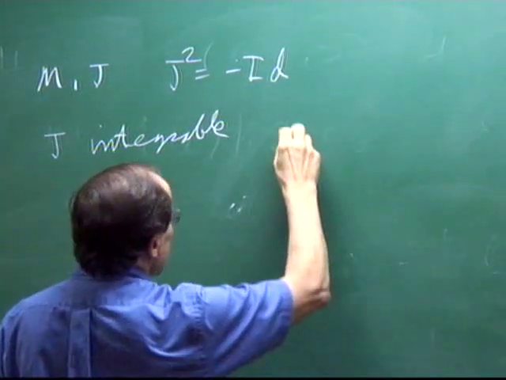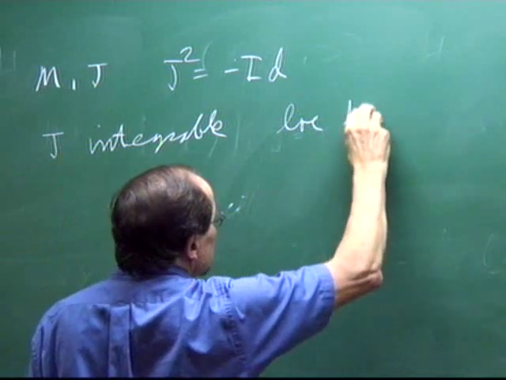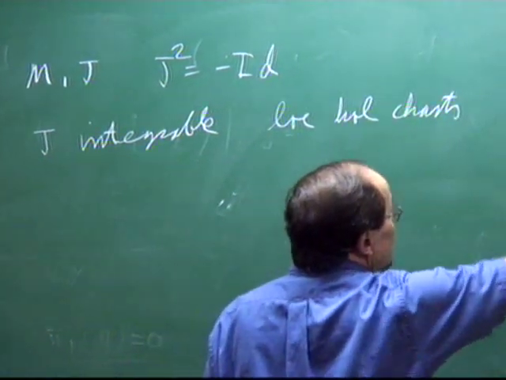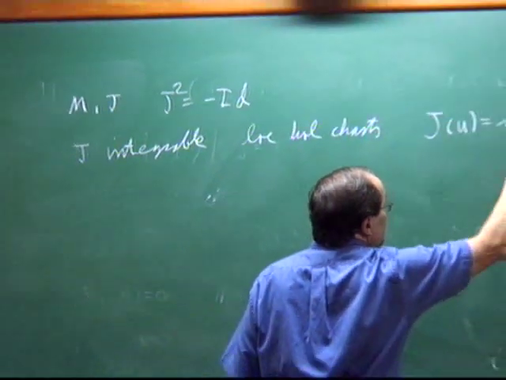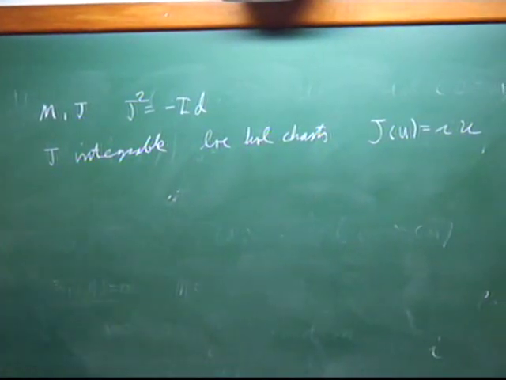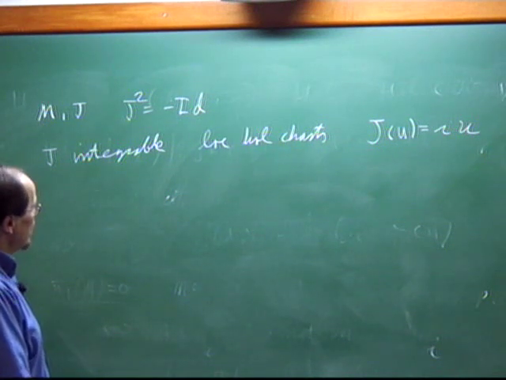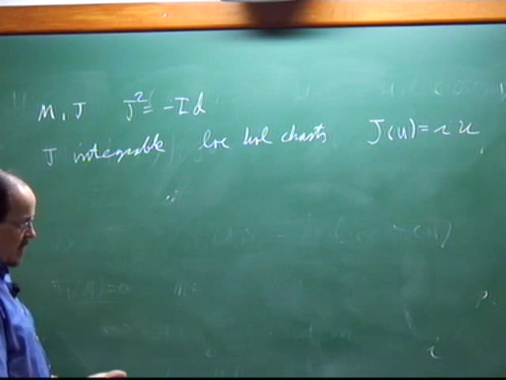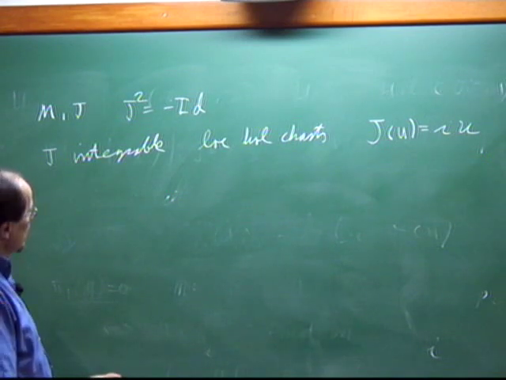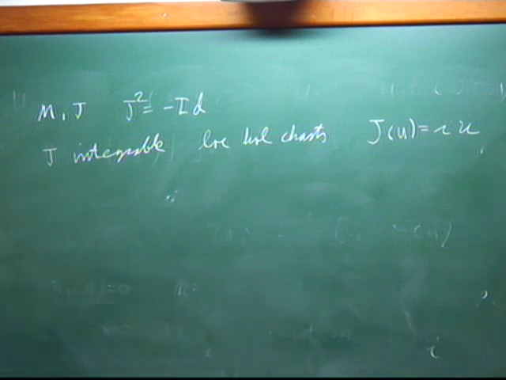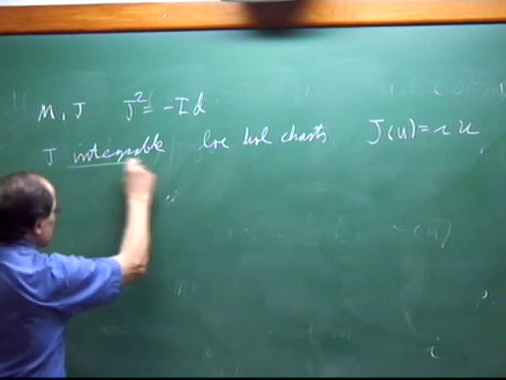So integrable means there are local holomorphic charts such that J of a vector is i times the vector. Right, in the sense that it's a complex manifold, so there are coordinate charts, and coordinate changes are holomorphic. That's what I mean by complex manifold. Once I have that on the tangent space, I then have a unique complex structure, given by multiplication by i in local coordinates. And if I can represent J in that form, I say the complex structure is integrable.